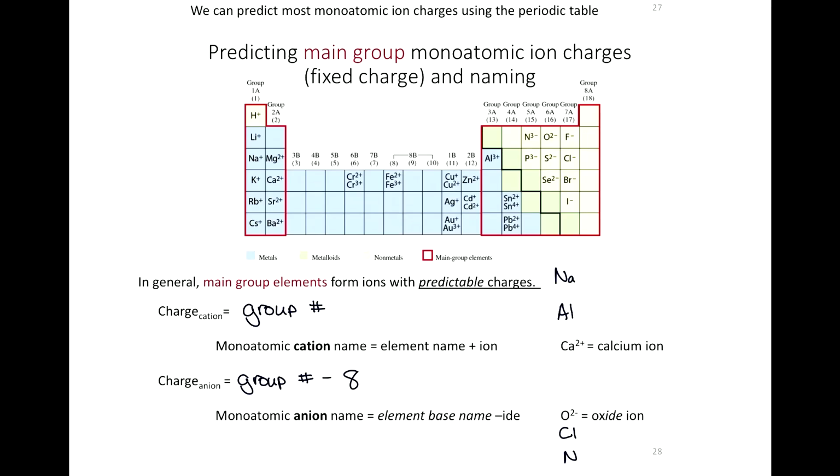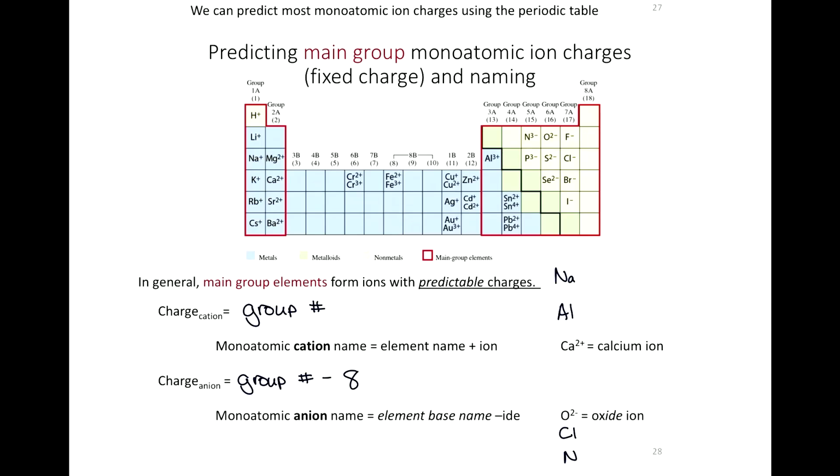If I'm talking about a lithium cation, it's going to be a +1 charge. If I'm talking about a rubidium cation, it's going to be a +1 charge because it's a group 1A element. Or calcium will always be a 2+ charge because it's in group 2A. So yes, you need to memorize this, but you don't have to memorize them individually. You just have to know, if I'm talking about a magnesium ion, what charge is magnesium going to have? +2.